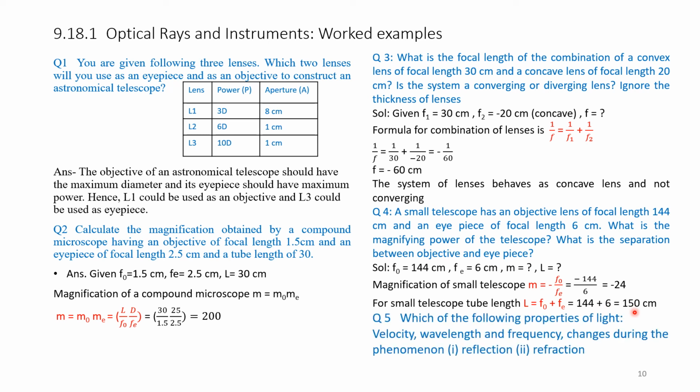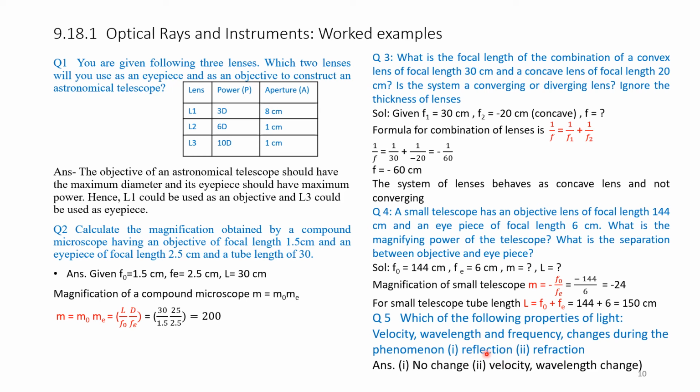Which of the following properties of light, velocity, wavelength and frequency changes during the phenomenon, reflection and refraction? That means, he has simply asked what happens to velocity, wavelength and frequency when reflection takes place, or, case 2, refraction takes place.